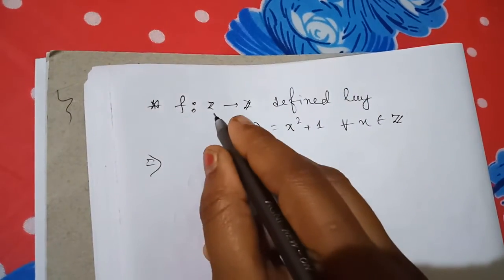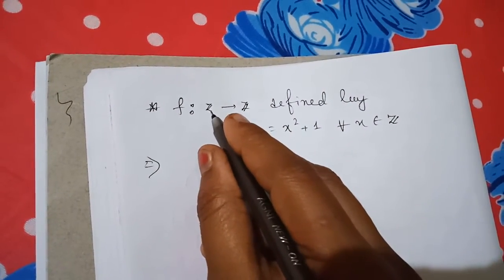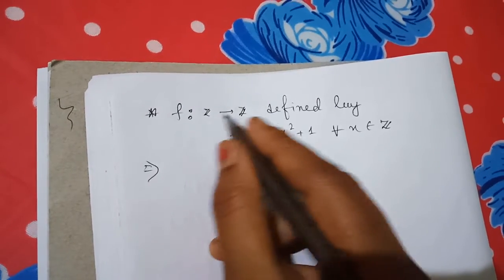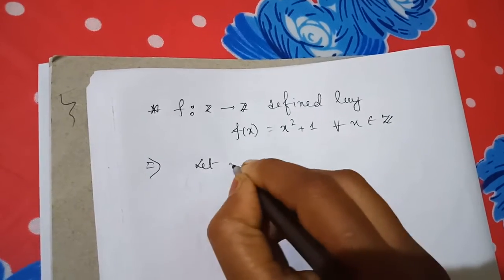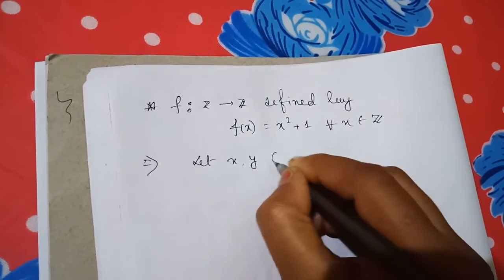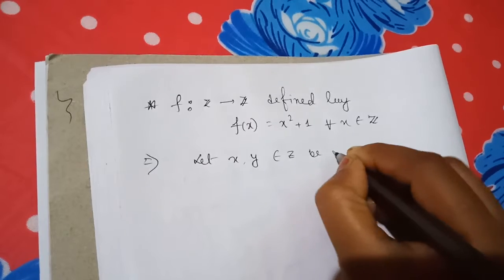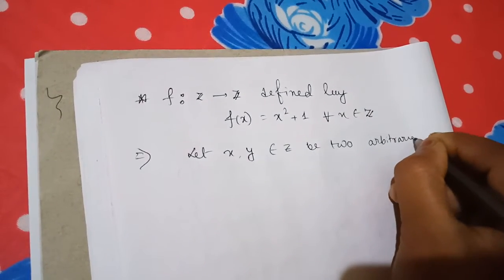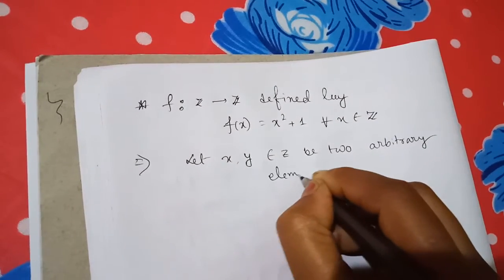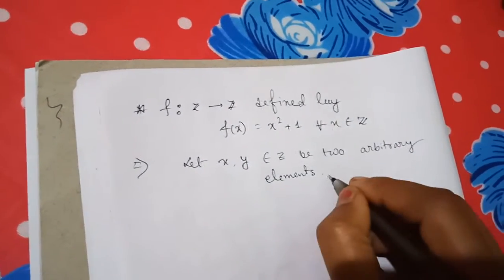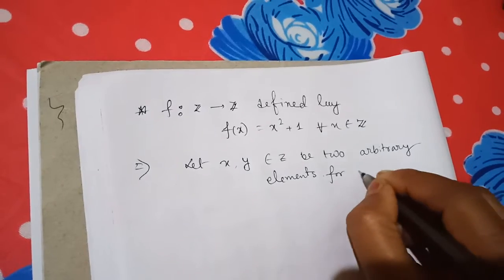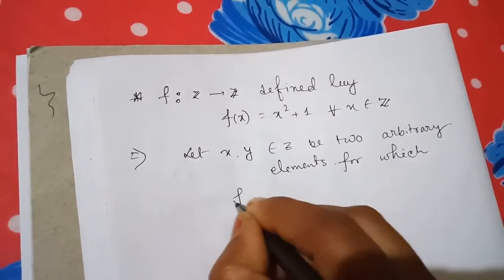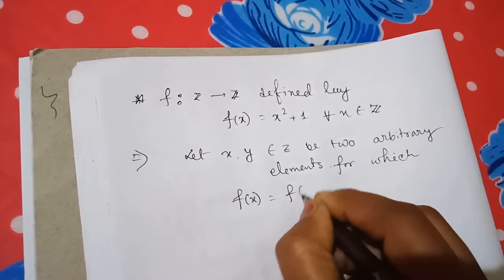First we will take any two elements from the domain set. Here both are the same, so Z. Let x, y belong to Z be two arbitrary elements for which we are taking that their images are the same.